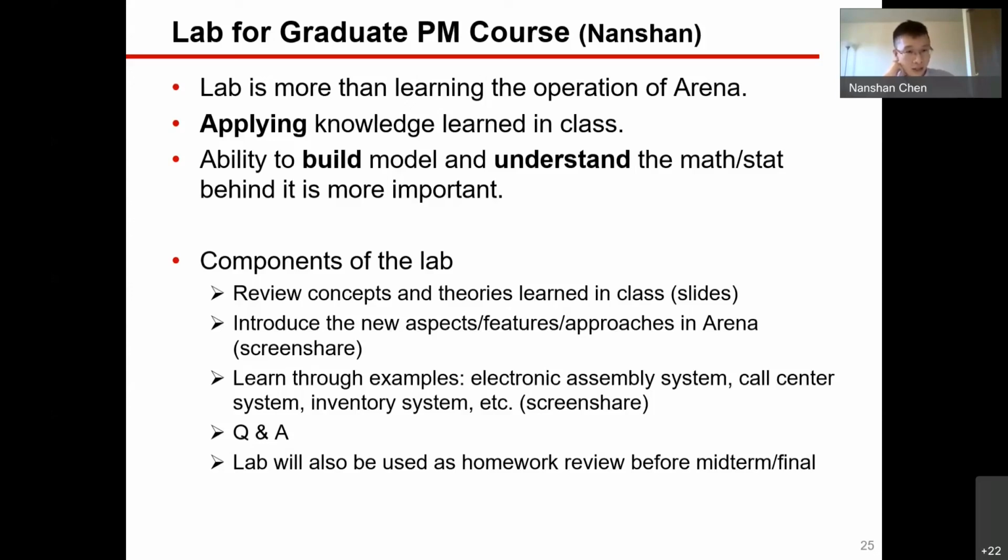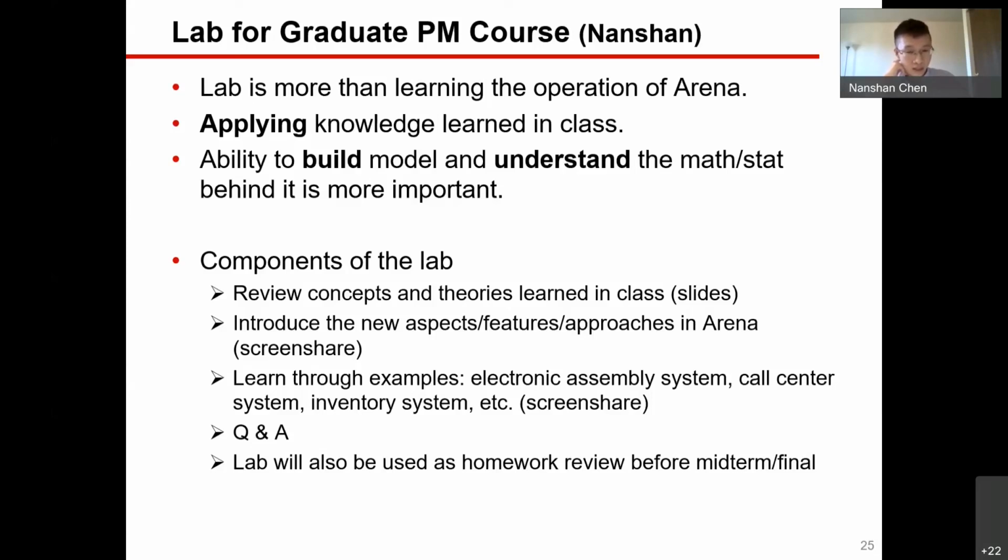So with that in mind, I developed my lab session as follows. First, I will review concepts and theories in the class through slides, and then I switch to the Arena software and introduce some new aspect features in Arena. And then I will build some models from scratch to show students the approach.